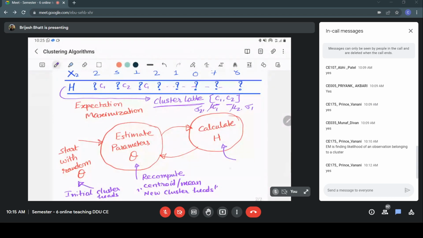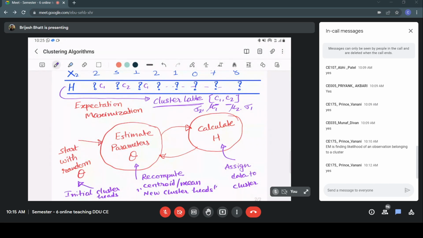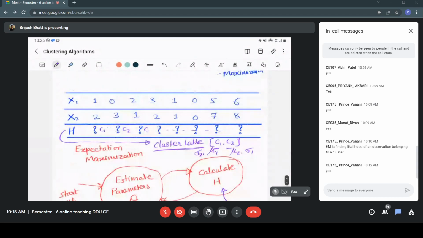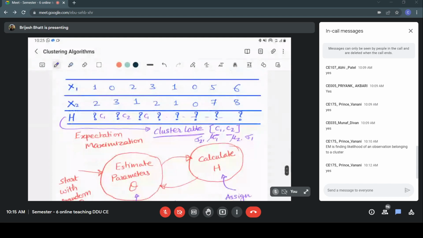And this is assign data to cluster, or assign cluster label to the data points. So when you assume that it is Gaussian and you are working on mean, the expectation maximization algorithm essentially becomes kind of the k-means clustering algorithm.